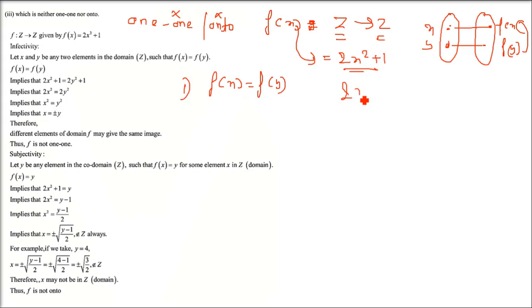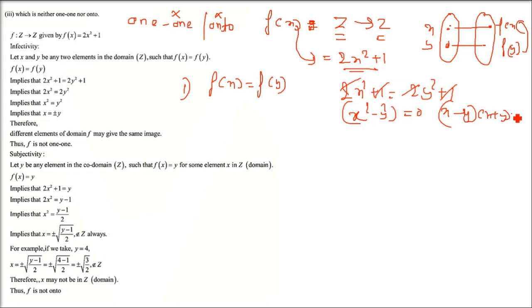You have 2x squared plus 1 equals 2y squared plus 1. And 1 and 1 get cancelled. 2 and 2 also can be divided. So x squared equals y squared. So you can take x squared and y squared together. So we have a squared minus b squared, (a minus b)(a plus b), so (x minus y)(x plus y) equals 0, x equals y, or x equals negative y.